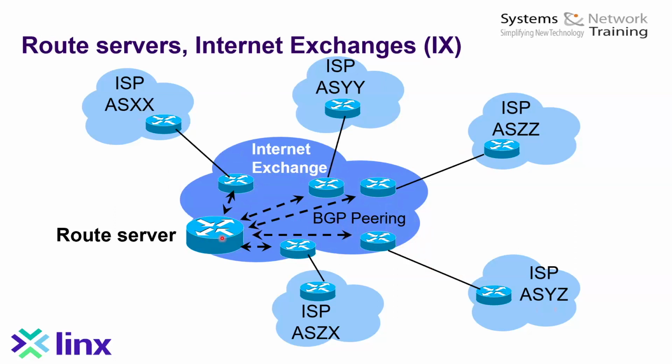You have one peering session with the route server. In fact, everyone has a peering session with the route server, and then you share your routes with the route server, and the route server shares your routes with all the other providers because they're all peering with it as well. So now if I have 5 providers that want to peer in this way, there are just 5 BGP peering sessions.